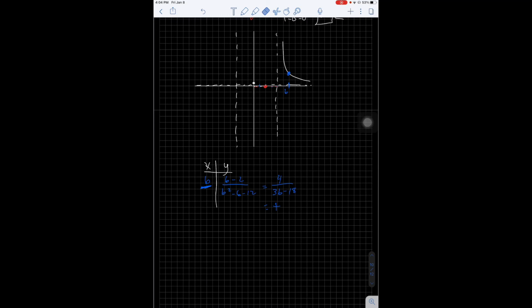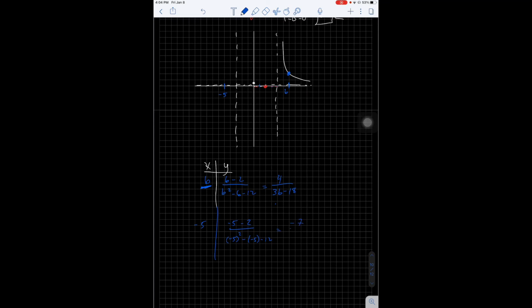Now let's figure out what's happening over on the left-hand side. I also am going to need to plug in a point here. So I'm going to pick an x value that's 1, 2, 3, 4, like let's say -5 here. Make sure it's out in that left-hand section. So if I plug in -5, I'm going to get -5 minus 2 over -5 squared minus a -5 minus 12. Okay?